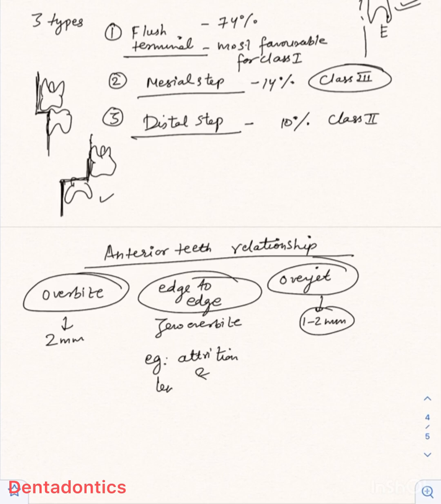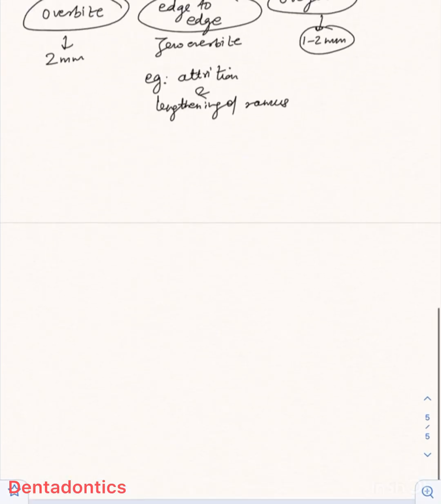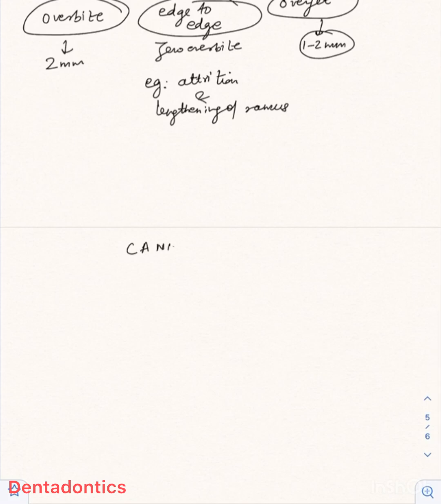Now coming to the canine relationship. Canine relationship is the most stable in the primary dentition. It is of 3 classes: class 1, class 2, and class 3. This is the primary lateral incisor and primary canine, upper and lower.